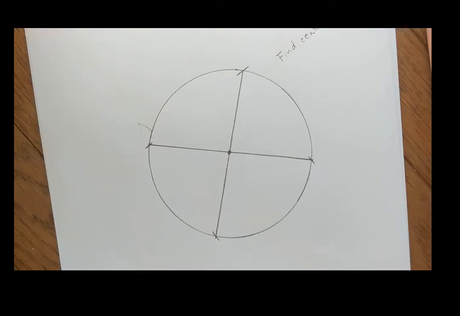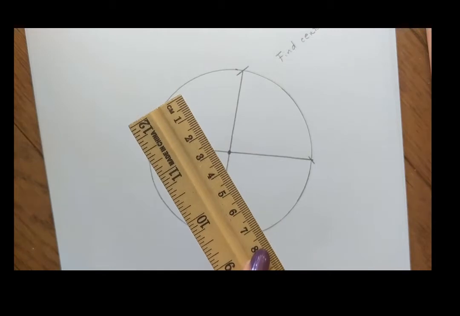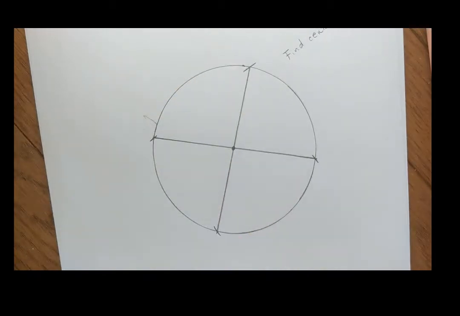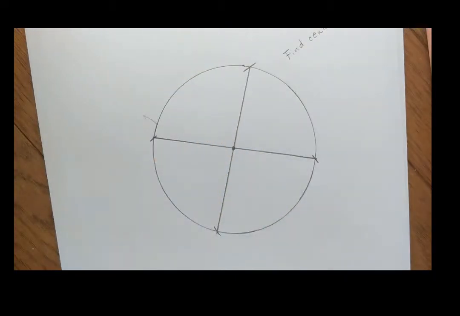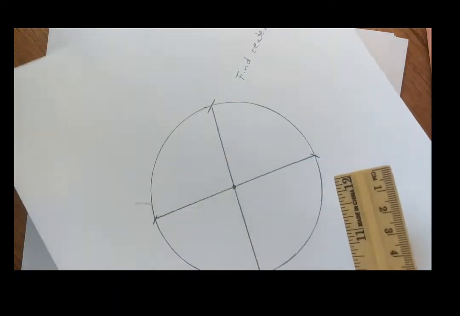Okay, so now I'm going to take my ruler and measure the diameter of the circle. Now, depending on how big your circle is, you should choose a unit of measure. So my circle is not that big, so I'm going to use centimeters. And that might be true for most of you if you're using a can. If you have a much bigger circle, you can use inches, but this has a lot more variability in it.